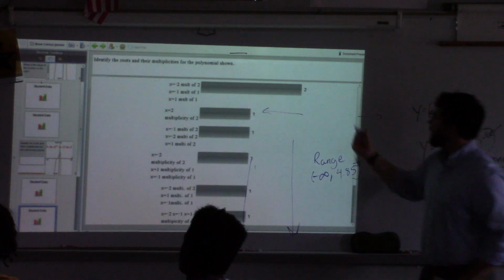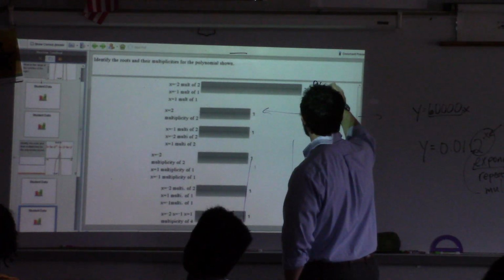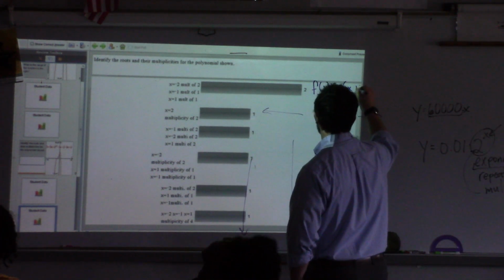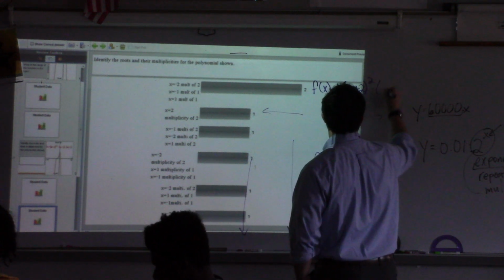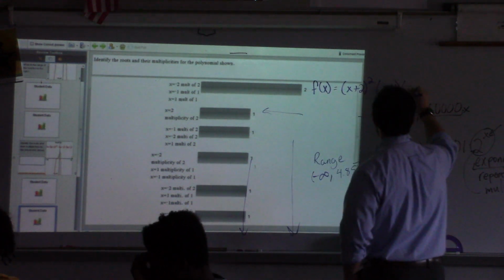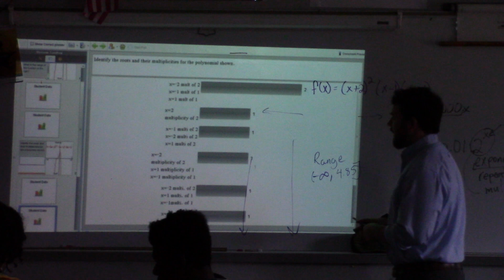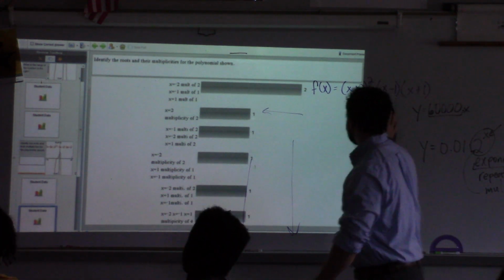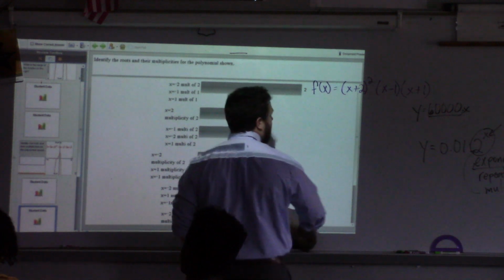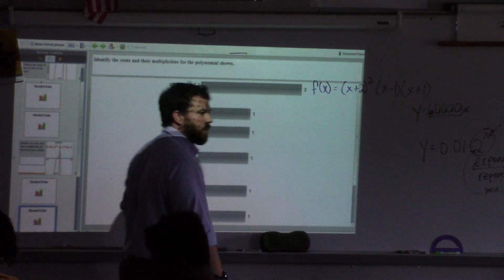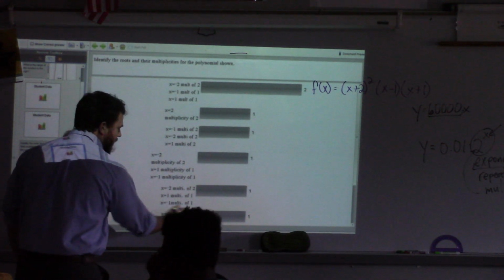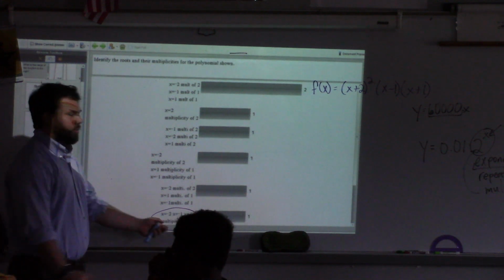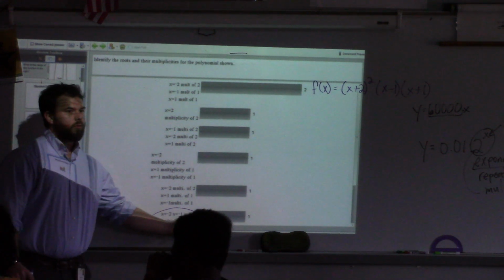But I believe that the equation was f of x equals (x plus 2) squared times (x minus 1) times (x plus 1). So one thing I'm very glad to see is all of us are recognizing that to write a root, we have to write it as x equals, right? But right here, it's not a multiplicity of 4. Does anyone know what would be 4 here?